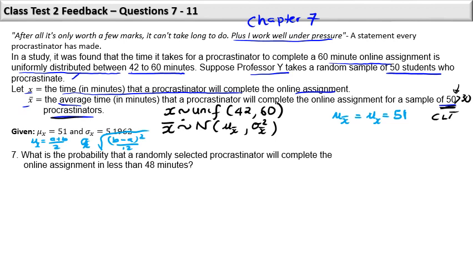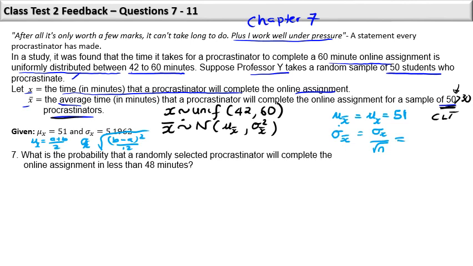Now, the mean of X bar is equal to the mean of X, and you will recall also from chapter 7 that the standard error of X bar is equal to the standard deviation of X divided by the root of the sample size.